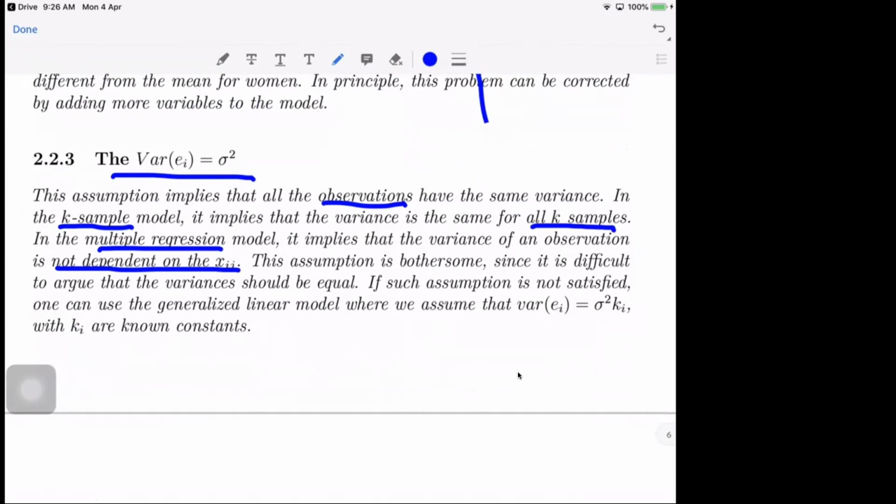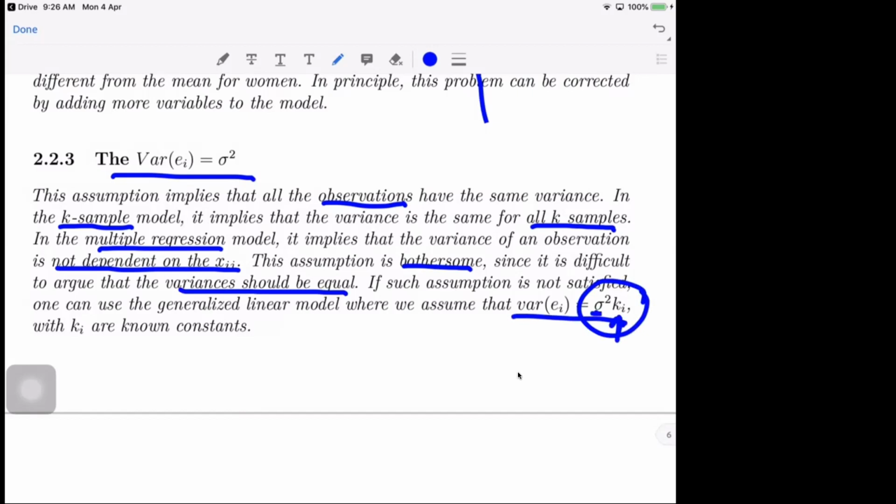This assumption is bothersome since it is very difficult to argue that the variances should be equal. If such an assumption is not satisfied, one can use the generalized linear model where we assume the variance of E to be equal to some non-constant k sub i and its variance. No?